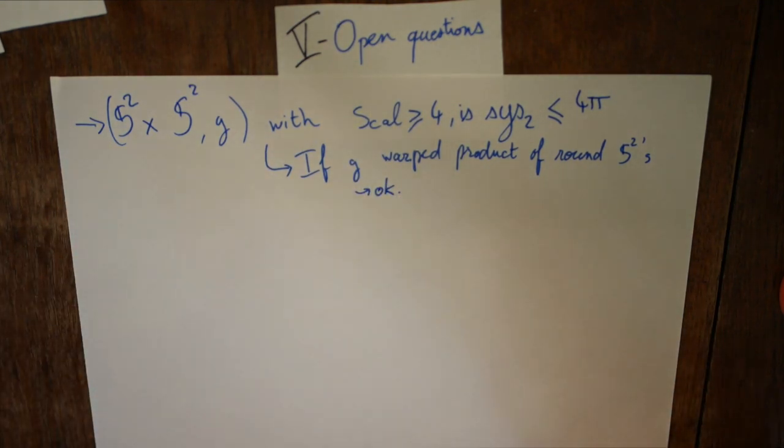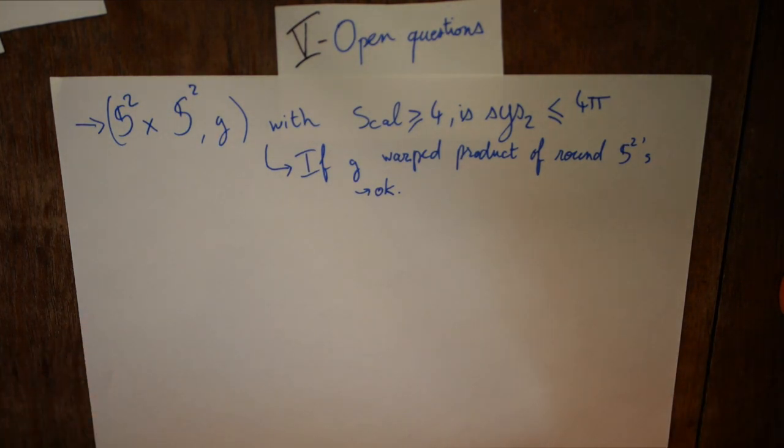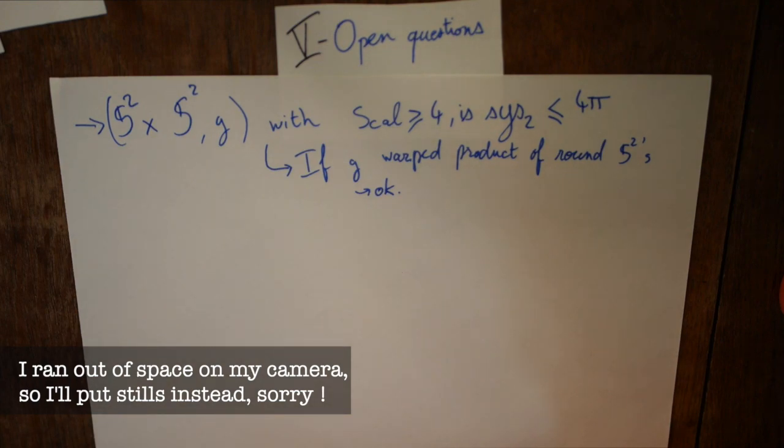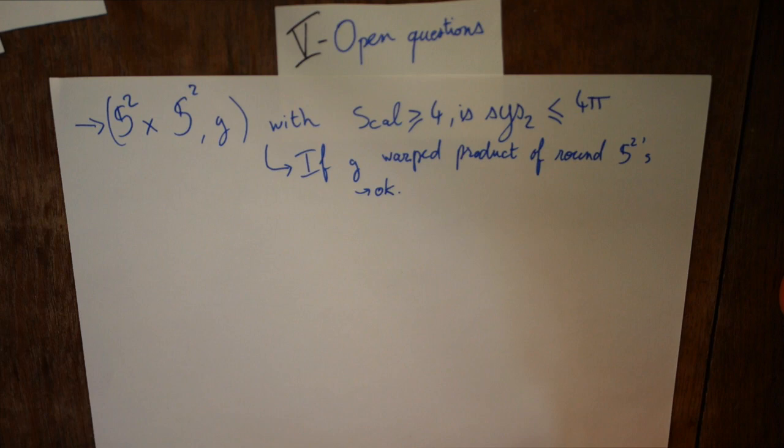Basically, the condition on the scalar curvature gives you a differential inequality on the warping factor, and the maximum principle will tell you that this warping factor needs to be small somewhere, so that there is a small two-sphere somewhere. So that will give you the answer.